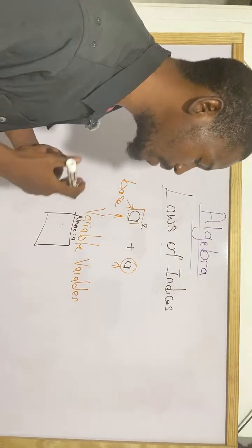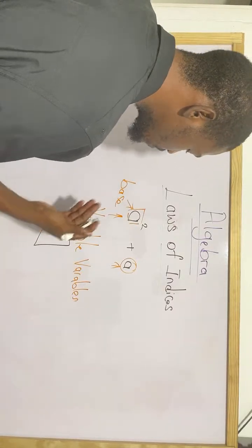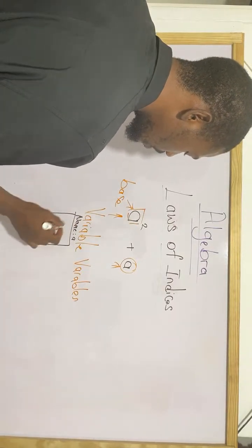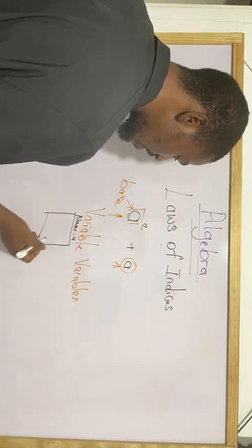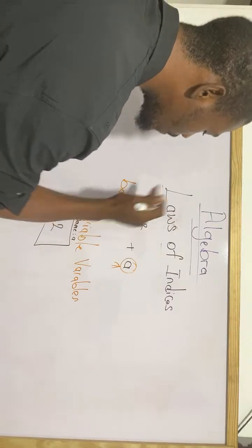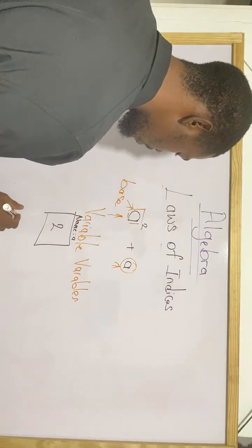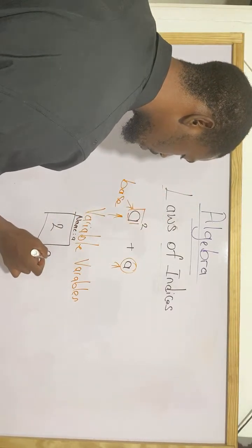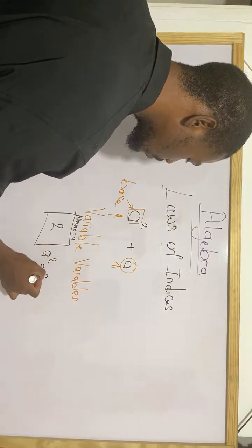It could be any possible value. So this box is called A and it holds a value of 2. When I call upon A, when I say A squared, it is really 2 squared.